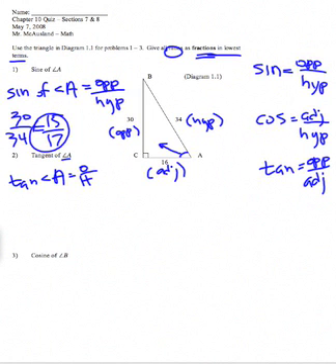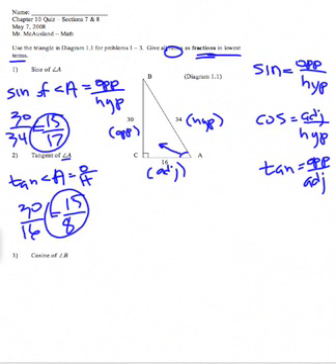So the opposite would be 30 over the adjacent, which is 16. And again, that number can be reduced, and we would reduce that in half to 15 over 8 would be the tangent of angle A.